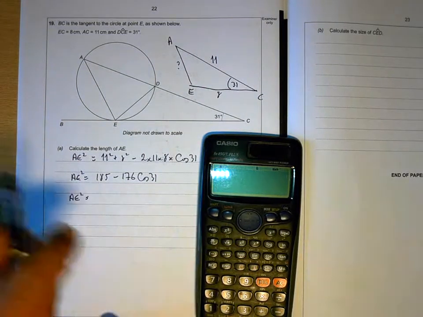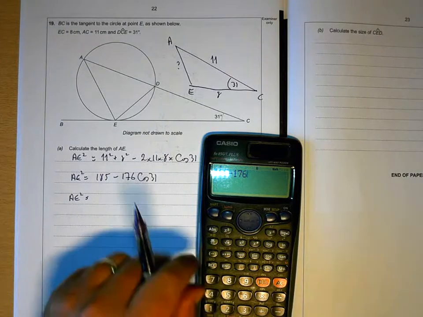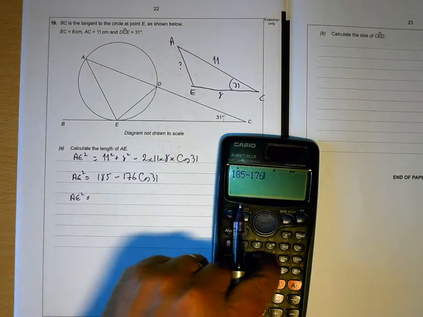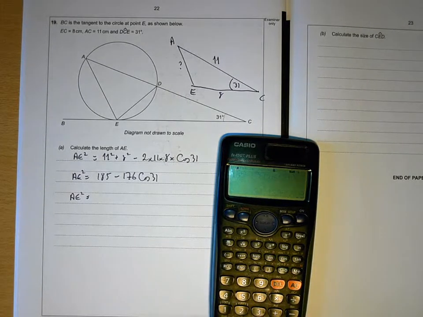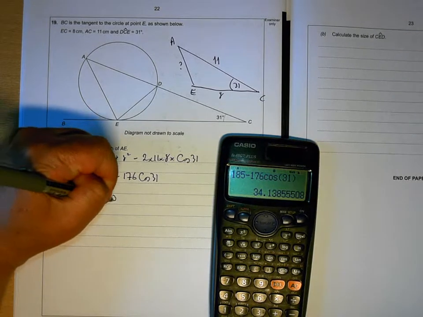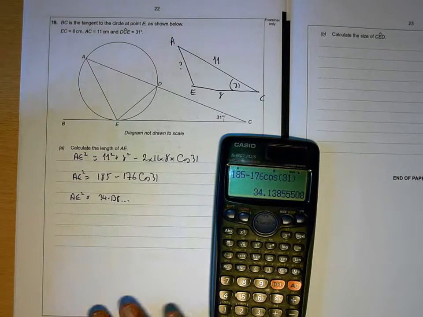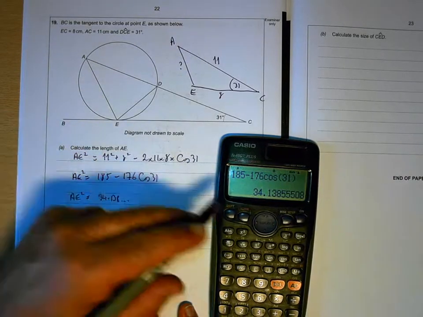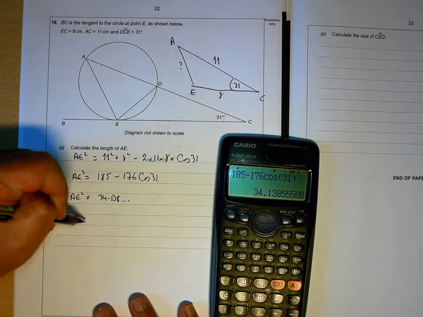So AE squared is 185 less 176 cos 31, equals 34.138 and so on. It doesn't matter, I'm not rounding it yet. I'm keeping that on my screen because then I have to square root it.